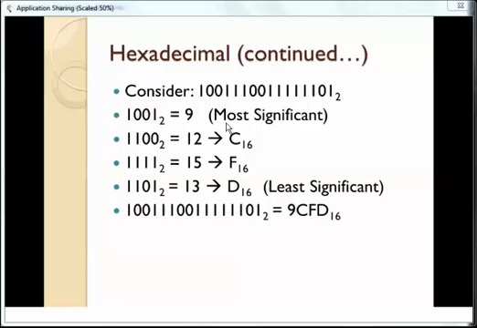Certainly if you're doing very low-level programming where you're almost at the point of considering the actual digital circuitry, dealing with the bits, either 0 or 1, certainly you would like to stay in the binary number system.